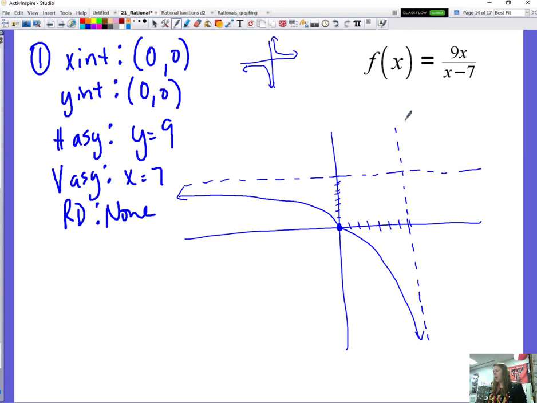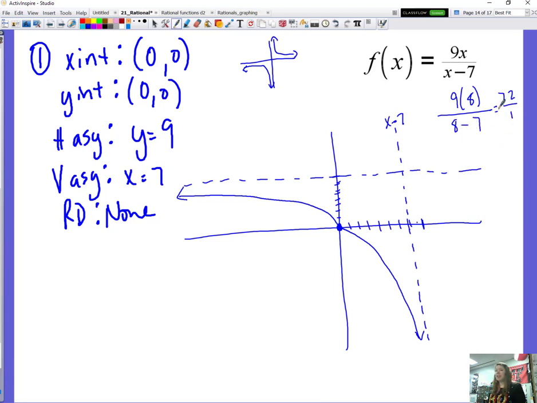So what we want to do is plug in a value that's on this side of my x. So if this is x equals 7, I'm going to plug in x equals 8 into my equation to figure out, is it going to be above this line or is it going to be below this horizontal line here? So if I have 9 times 8 over 8 minus 7, 9 times 8, 72, and 8 minus 7 is 1.